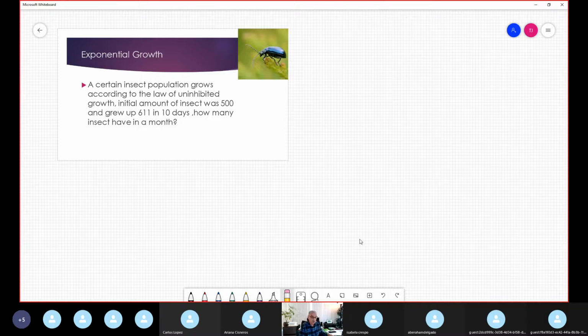A certain insect population grows according to the law of uninhibited growth. The initial amount of insects was 500. It grew up to 611 in 10 days, sorry. How many insects are there?